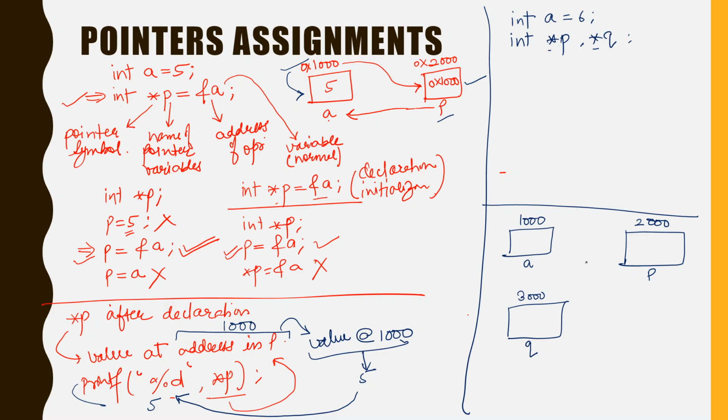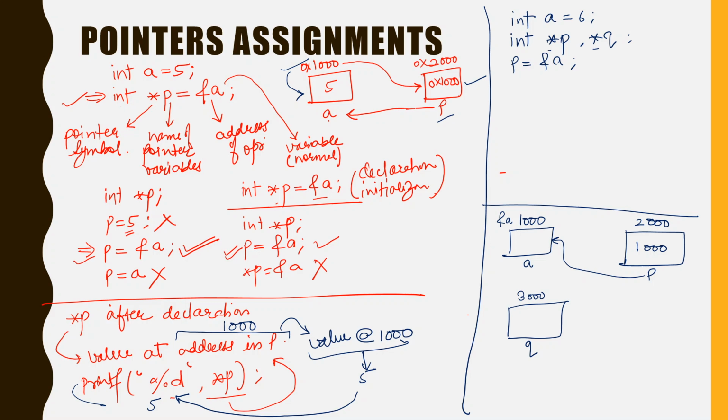Now to assign the address of a to p, you have to write this statement: p = &a. As soon as you write it, &a is copied into p, and p starts pointing to a. Now this link is created.